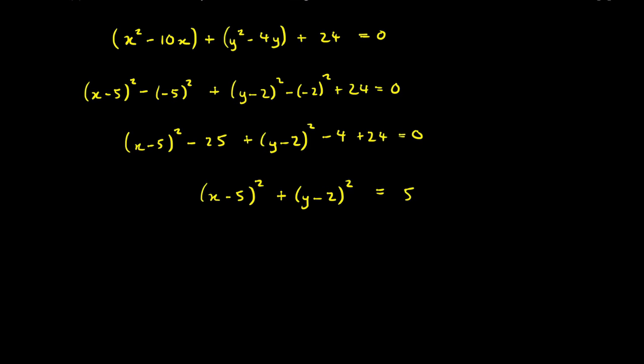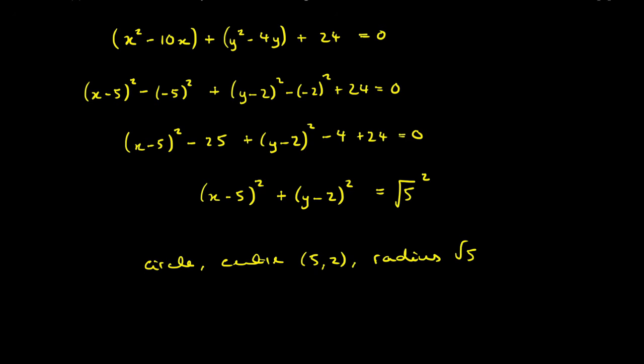So I'm going to rewrite it like that. So this is a circle with a center at 5, 2, and with a radius of root 5.